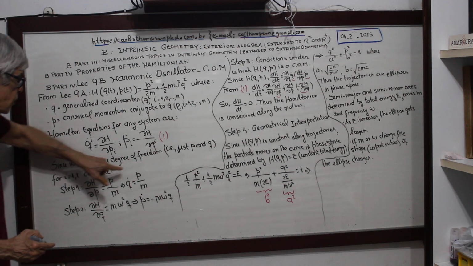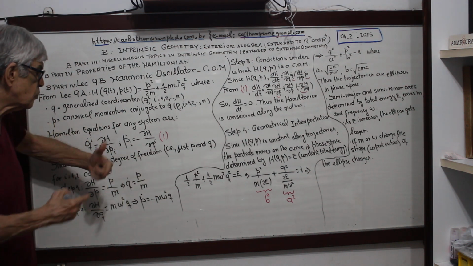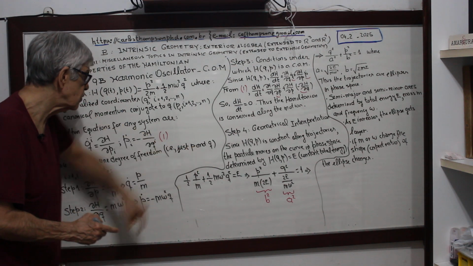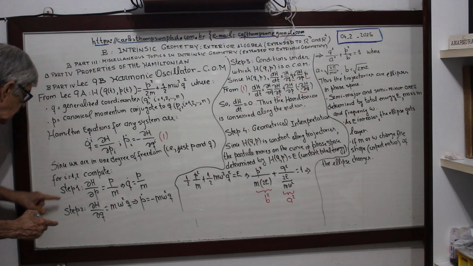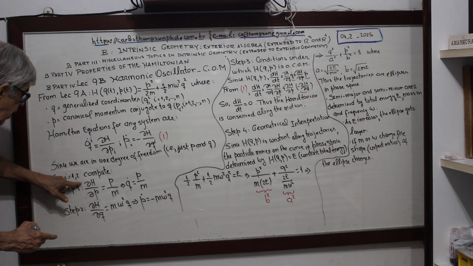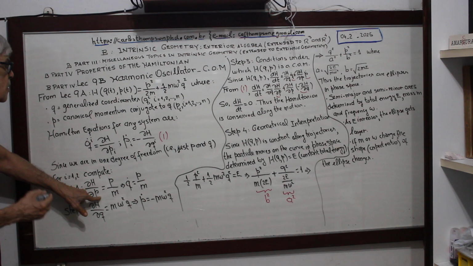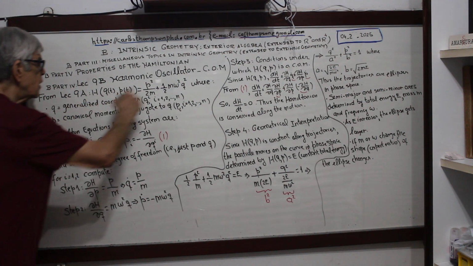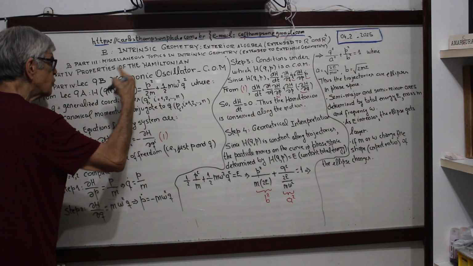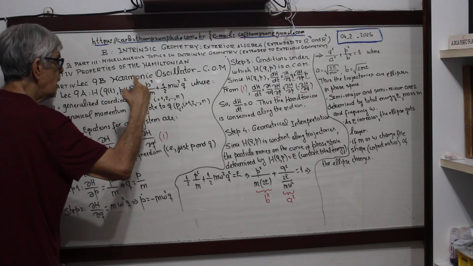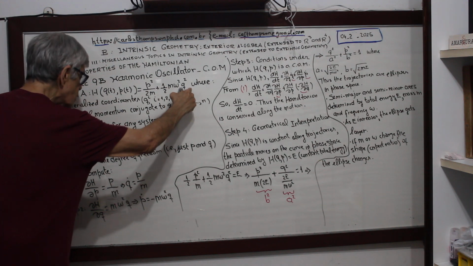Since you are in one degree of freedom, just one equation, you have two variables here. So for i equals 1, compute. Step 1: the partial of H with respect to p is quite easy. You just look at H here and take the partial derivative with respect to p, remaining q constant.